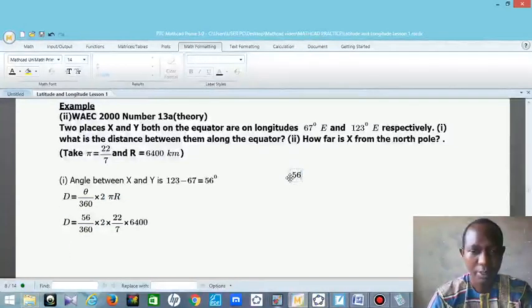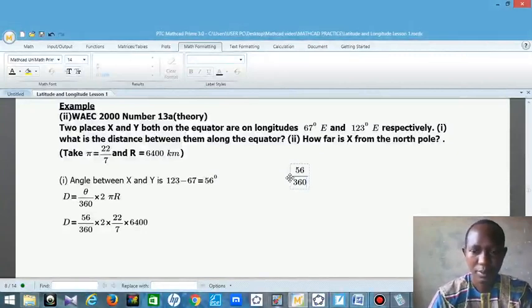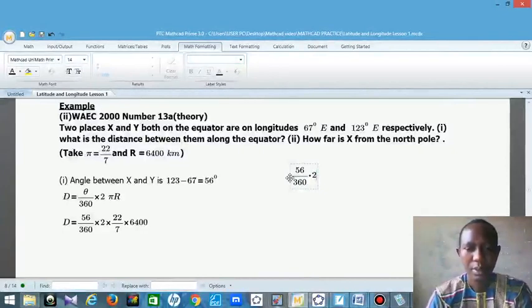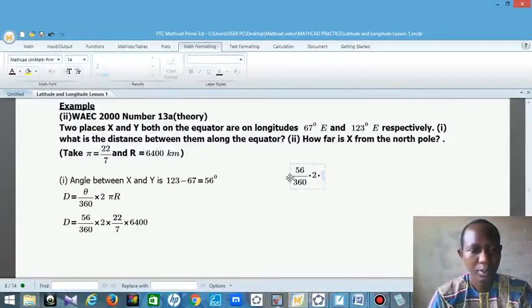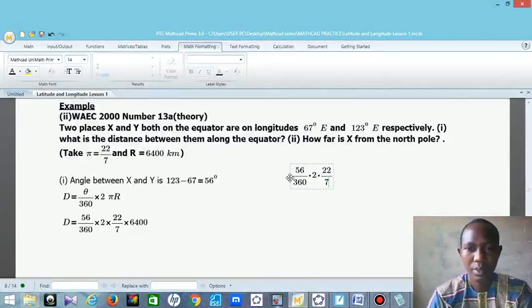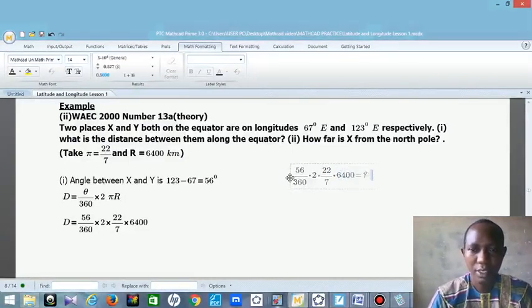Now, 56 over 360 times 2 times 22 over 7 times 6,400. You can use your calculator and check it. You see that you will get the same answer.